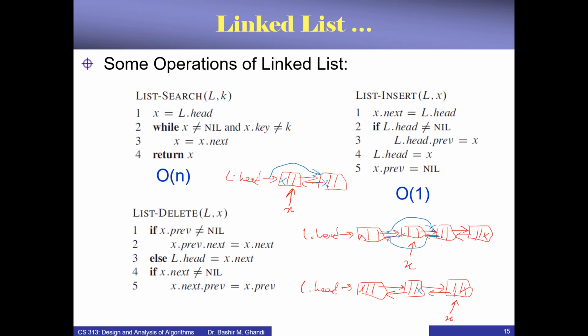It had two references, this one and this one, and both of them have been cut. So it's going to be garbage collected. And we will have the appropriate reallocation: this next will come to this node, and this previous will come to this node. So in all cases, this delete method will actually delete the node referenced by x. This is the idea.